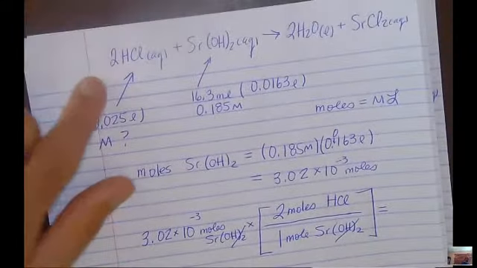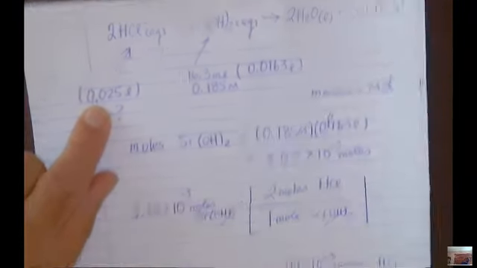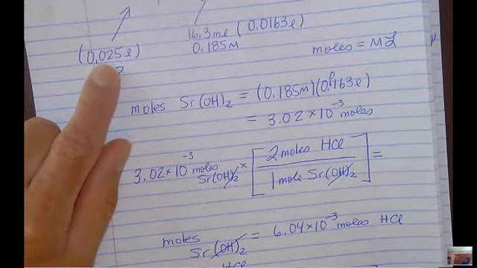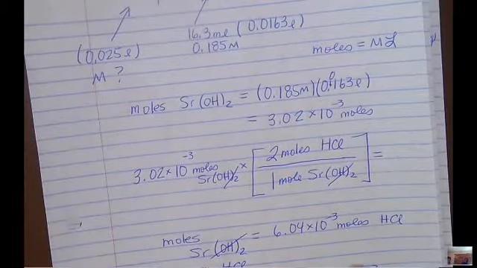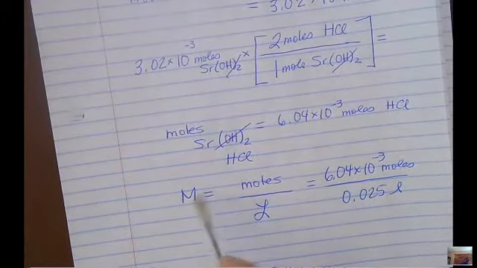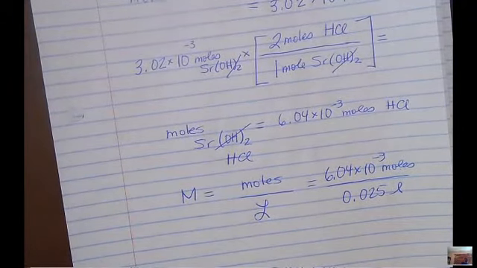How many liters of the gastric juice did they start with? 25 milliliters is 0.025 liters. Remember, it's got to be moles per liter. And this unit of moles per liter is molarity. Molarity is moles per liter. So do that division and you're done. That's the concentration of the gastric acid that you started with.